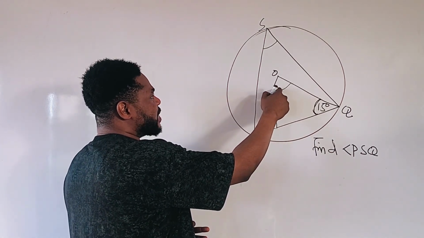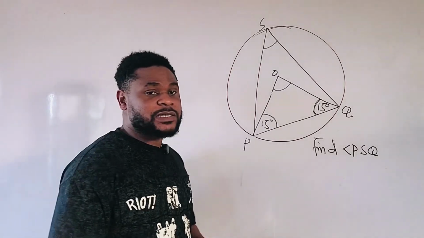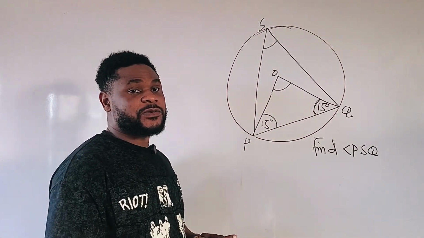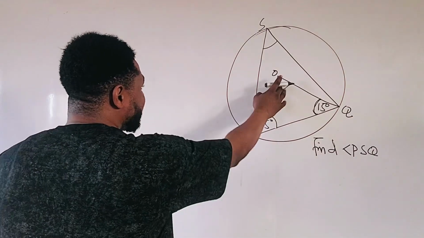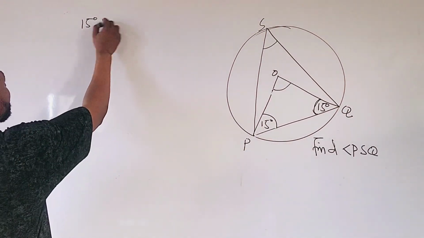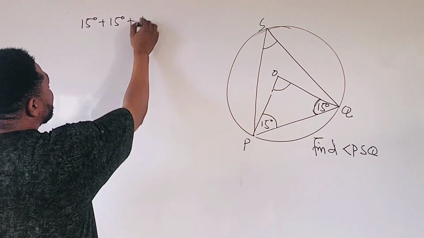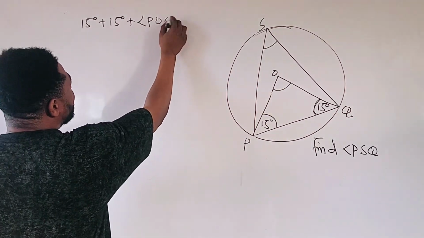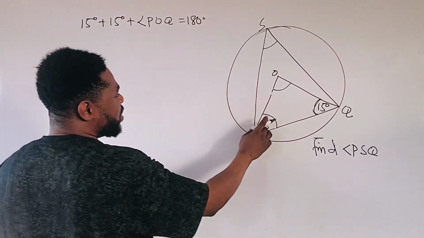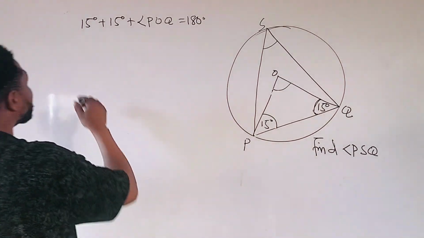With our angle here, we can also find the angle at the circumference, using the principle that the angle at the center of a circle is twice the angle at the circumference. Let's see how we can first get the angle at the center. With our 15 plus 15 plus the angle at the center here, which is angle POQ, must be equal to 180 degrees, which means when we sum all angles within a triangle, it must be equal to 180.